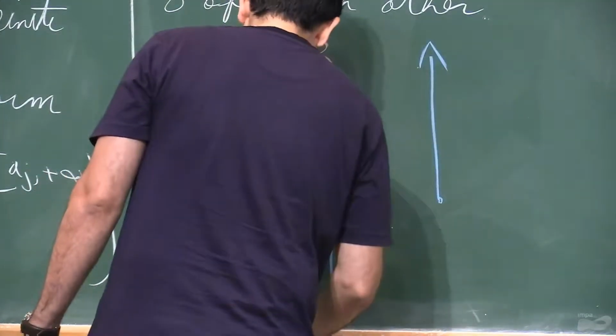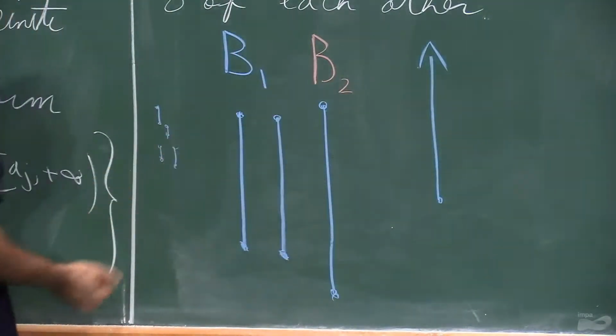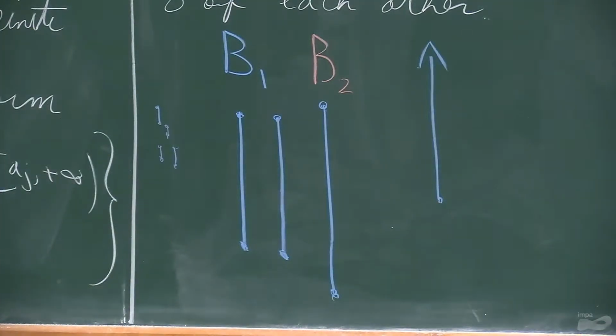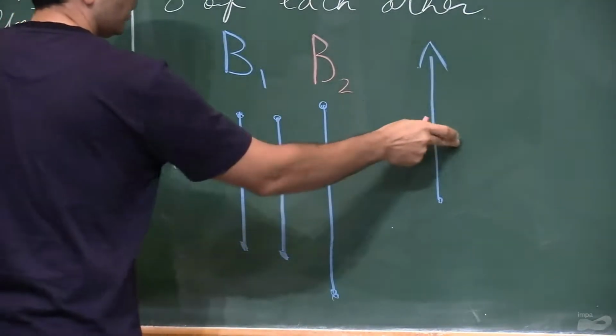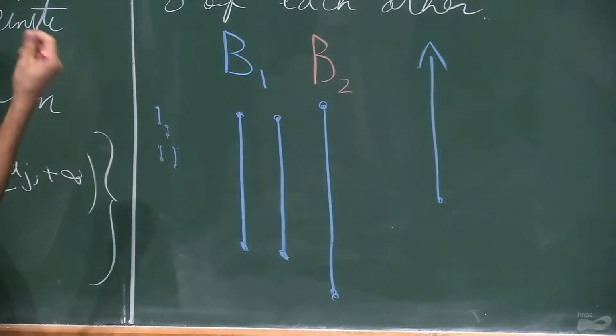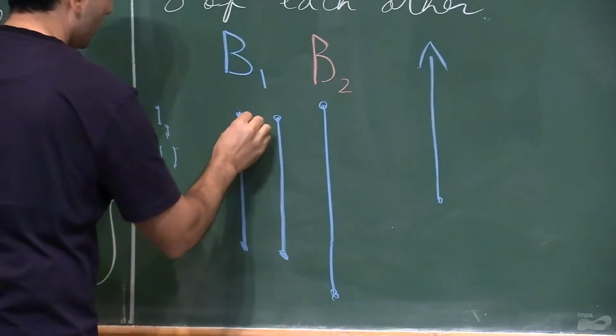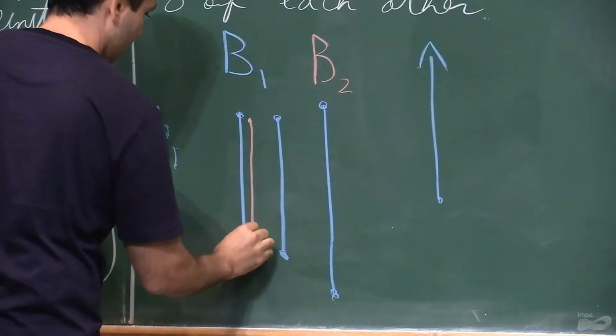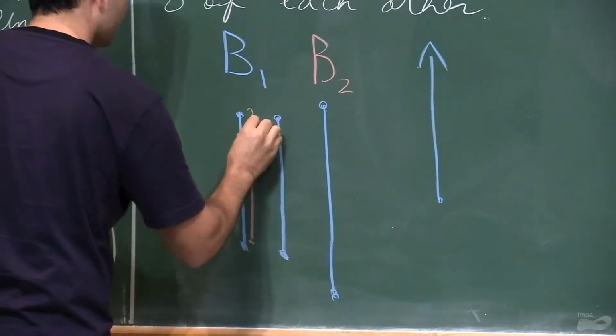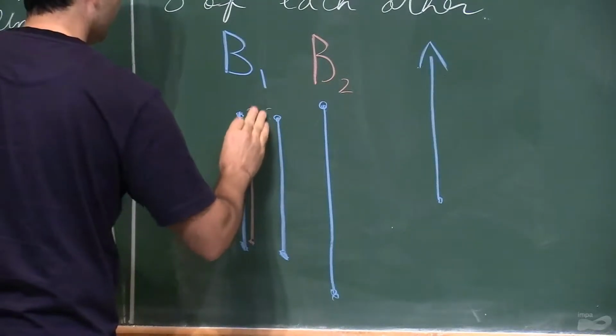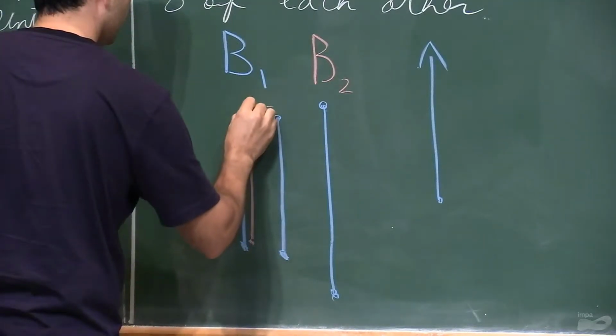Okay, so if B2, so I'm going to draw B2 such that it's delta matched with B1. That means for each one of these long bars, I need to draw a long red bar whose endpoints are within delta. So there could be one here. There's got to be one here, and this distance has to be less than delta. So this is less than delta.